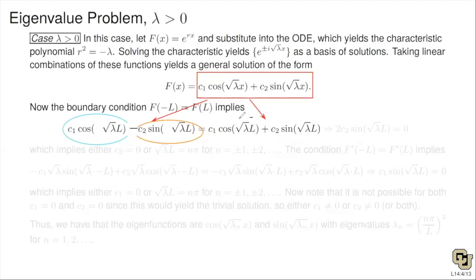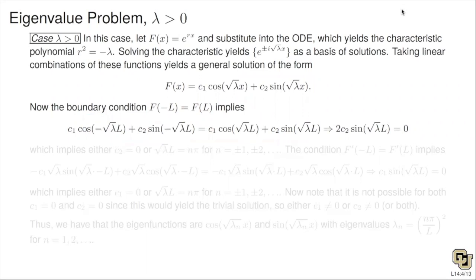The cosine terms cancel completely. And if you bring this minus C2 sine root lambda over, it doubles up and it's equal to 0. And that's the equation I have over here, using the fact that cosine is even and sine is odd. That's how we get there.